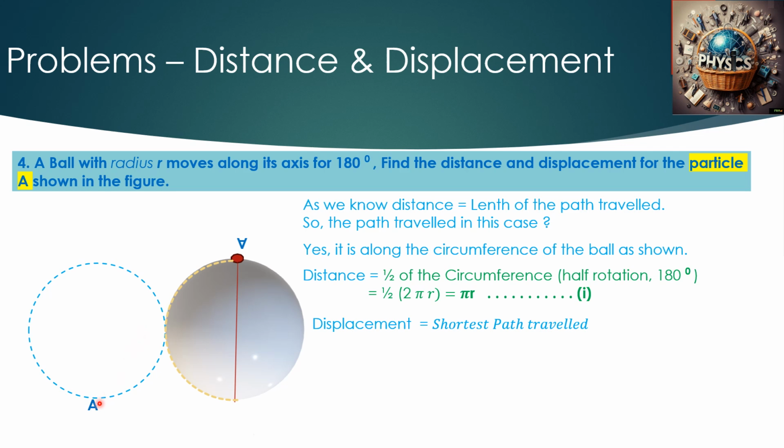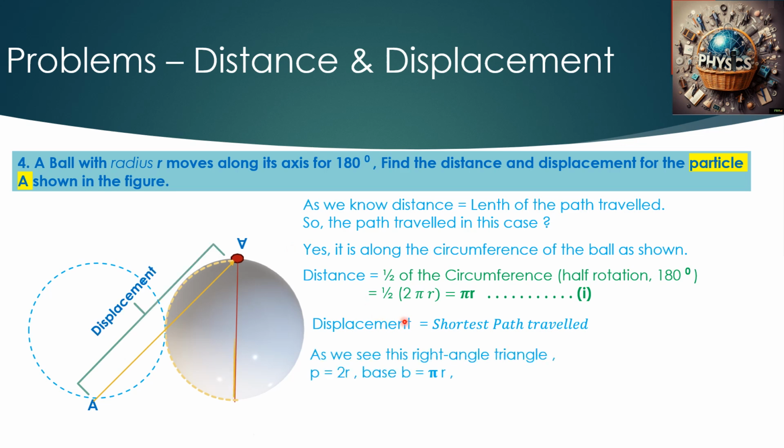In this case, it is the straight line between A and the inverted A. Now going forward, this is the displacement, and if we draw a right angle triangle, this part is 2r, nothing but the diameter of the sphere, and this part is pi r, which is equal to the half circumference of the circle by which the ball has actually moved, because of which the forward movement also happens.